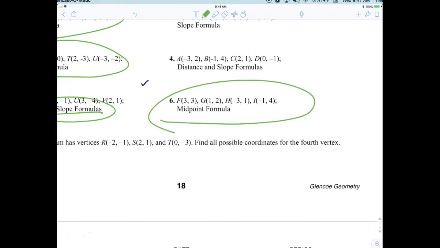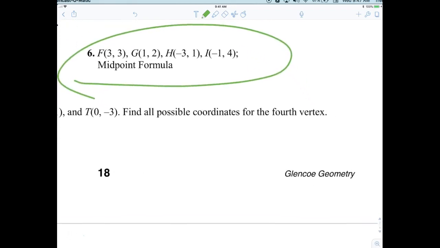So again, for question number 6, they don't always go in the right order, so in my opinion, you should kind of visualize it. And remember, I'm not doing it exactly, I'm just roughing it out. So if I'm placing 3, 3, I know 3, 3 is roughly up there.